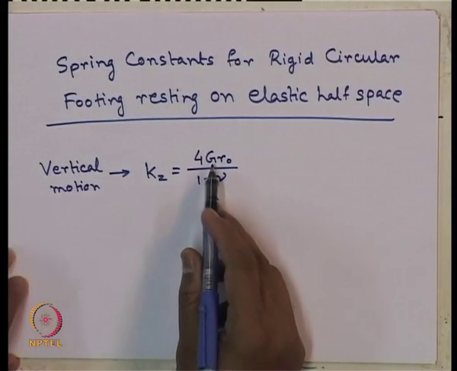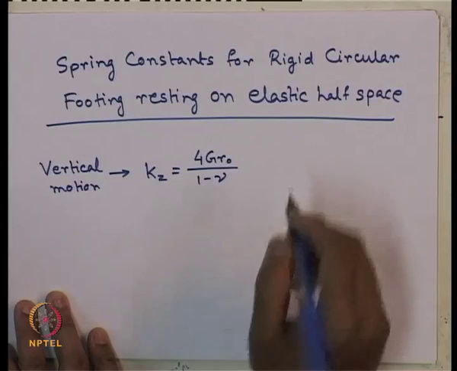Mu is Poisson's ratio, g shear modulus, r naught is equivalent radius of the footing.